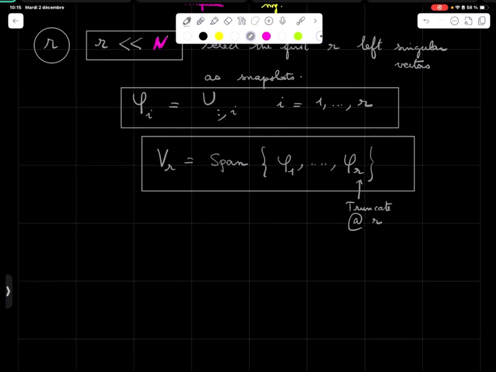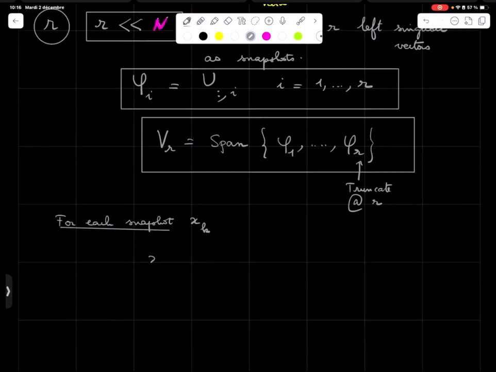We have some sort of optimality here. So for each snapshot x_k, what is that vector that I'm writing? So x_k^r.